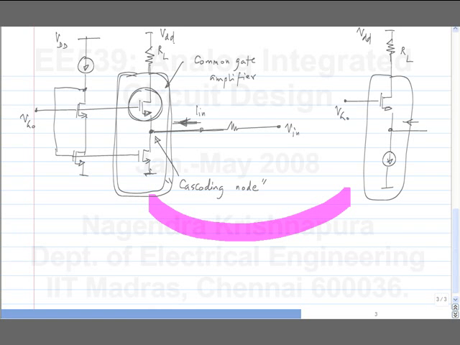Once you replicate the current, this part of it, the part that's enclosed in the box, is exactly the same as the third circuit. So you can apply a current to the source and take the output at the drain.